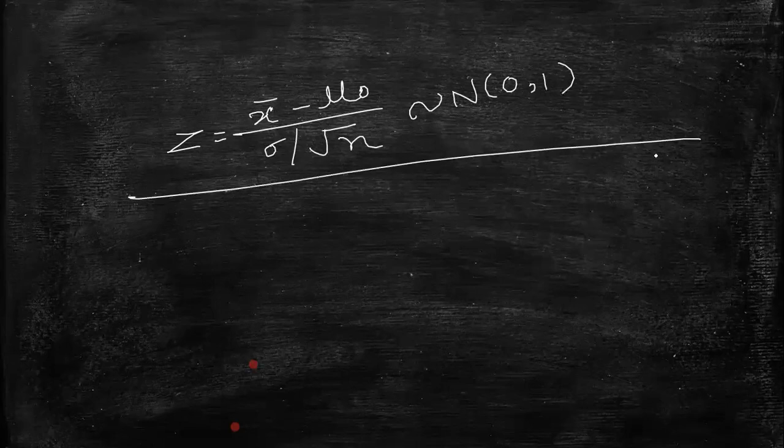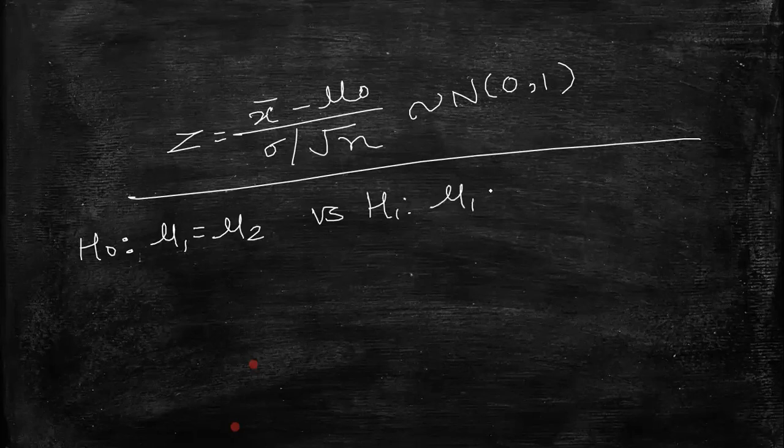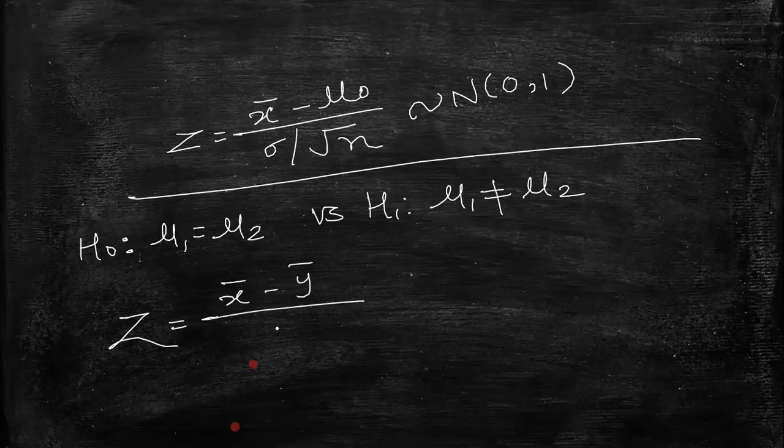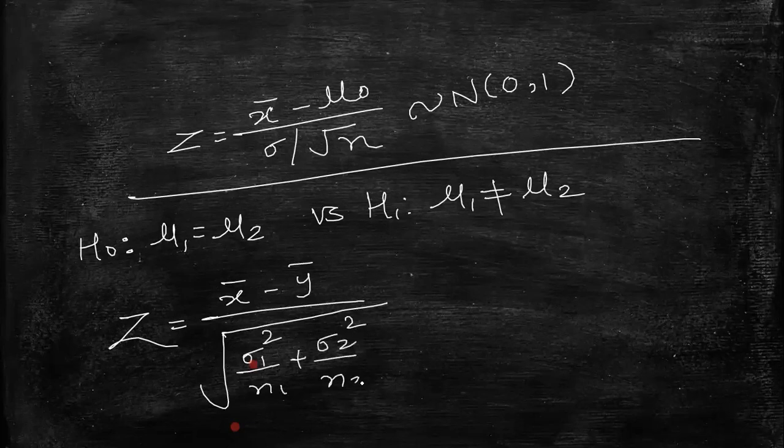So this is one thing. And again, we may have two different populations: mu1 equal to mu2 versus H1: mu1 not equal to mu2. In that case, the formula for z will be x bar minus y bar upon square root of sigma 1 square upon n1 plus sigma 2 square upon n2.